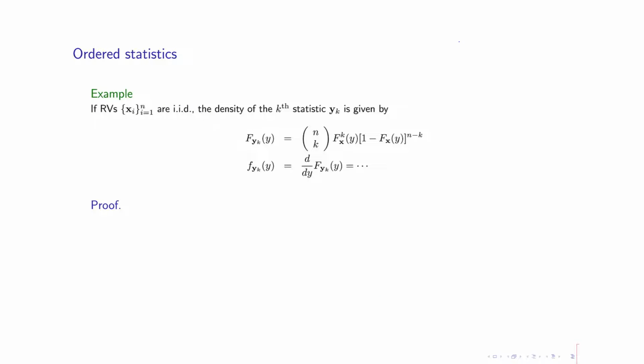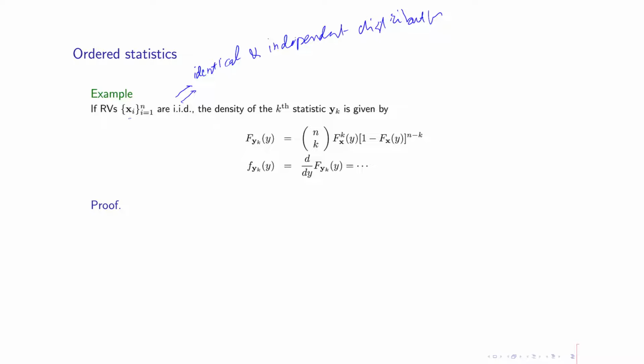For example, suppose that you have a set of IID random variables, meaning identically distributed and independent. Their distribution is identical and they are independent.